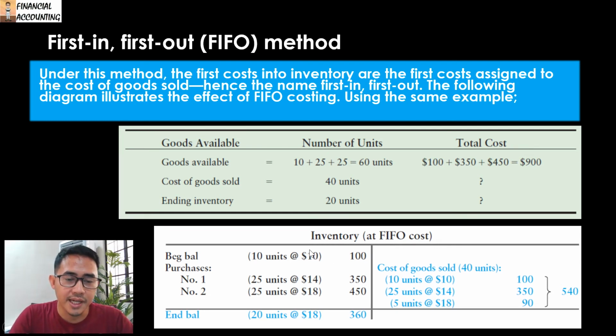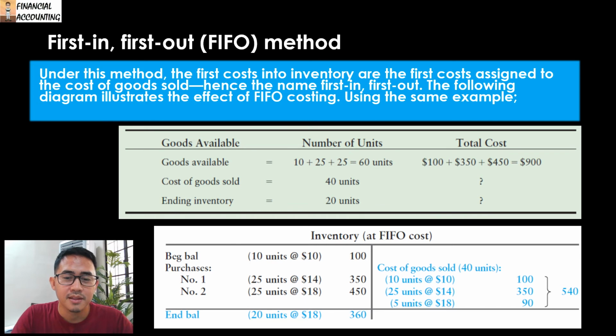So again, you have 10 units beginning. You have purchases of 25 units and another purchase of 25 units. If you're using the FIFO method, it is presumed that if you sell something, the first item that is sold is your beginning balance.